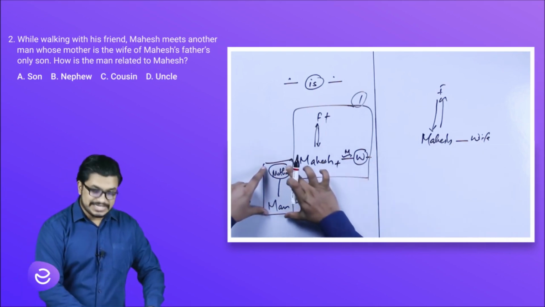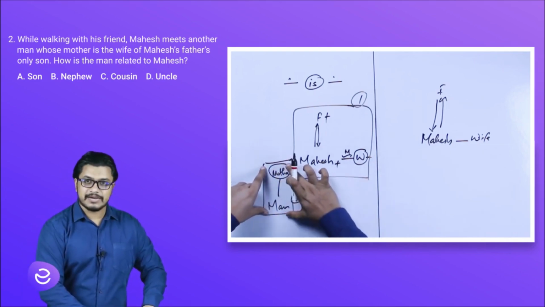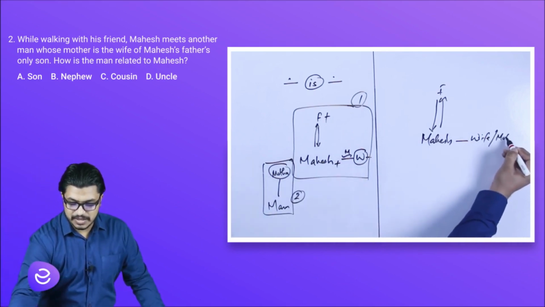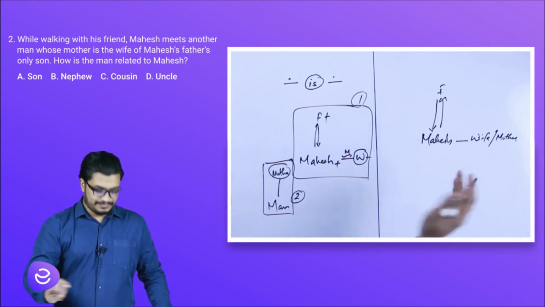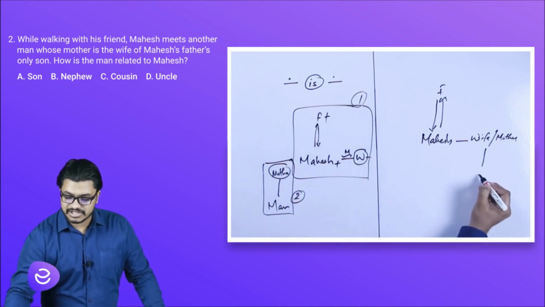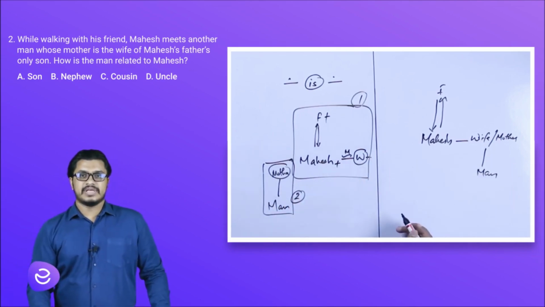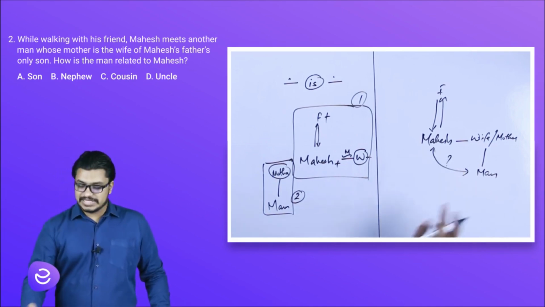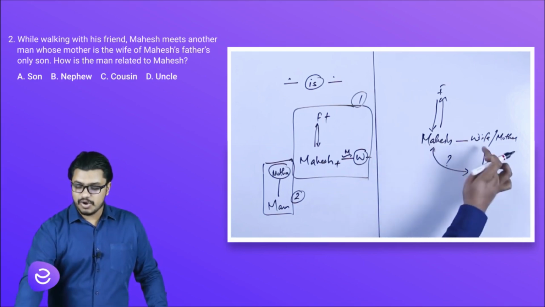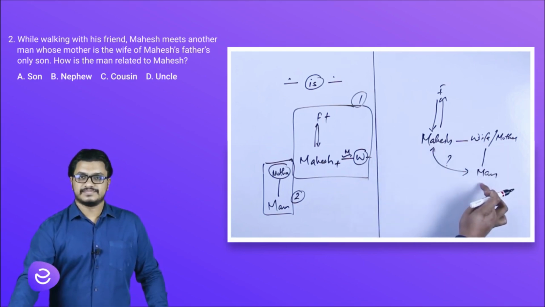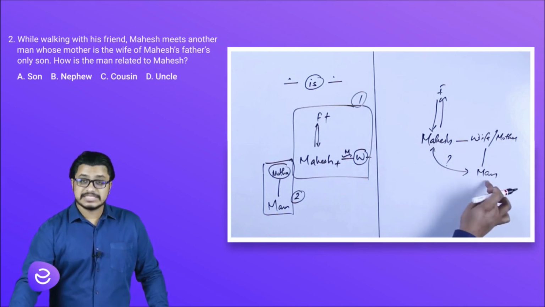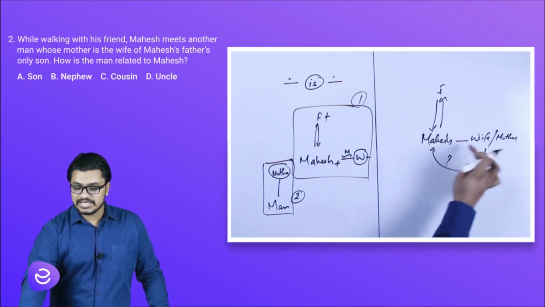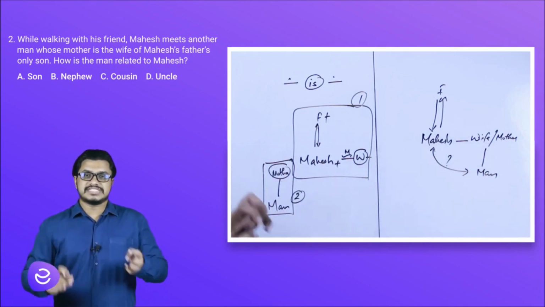So we take this diagram and paste it here. So this person becomes wife as well as someone else's mother, and we have one other relation which is the man. Now the question is, how is this man related to Mahesh? We can see that this man is Mahesh's wife's son, or we can see that this man's mother's husband is Mahesh.